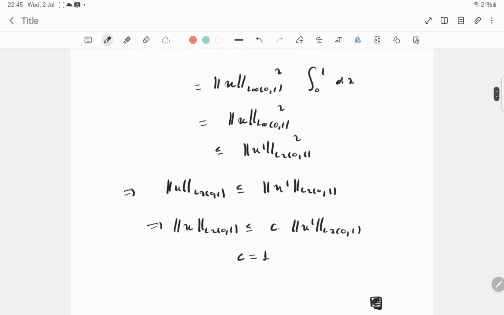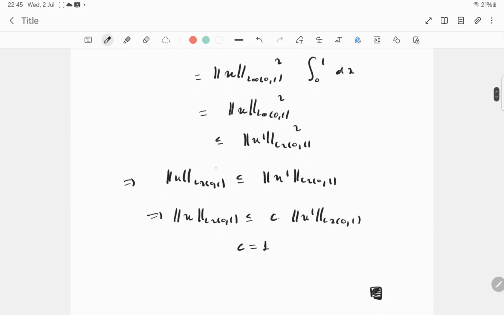And after that I take the square roots, and I have at the left hand side of the inequality the norm of u bounded by the norm of the derivative of the function. I obtain that the norm of u in L2 supported in the interval 0, 1 is bounded by a constant times the norm of the derivative of the function u in L2, and here the constant c is equal to 1.